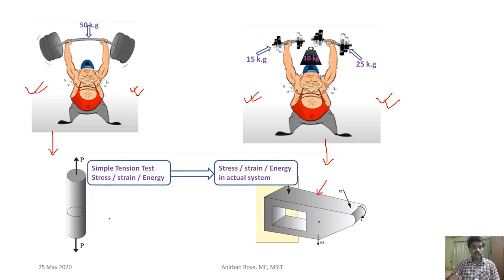That is why we have to predict efficiently, and that is why there are certain failure theories, and we already know none of the failure theories are accurate, because it is not possible to compare these two exactly. They are not accurate, but they are used to save money, save time, and save material. Okay, so we'll see how different kinds of failure theories are proposed and how to use them.